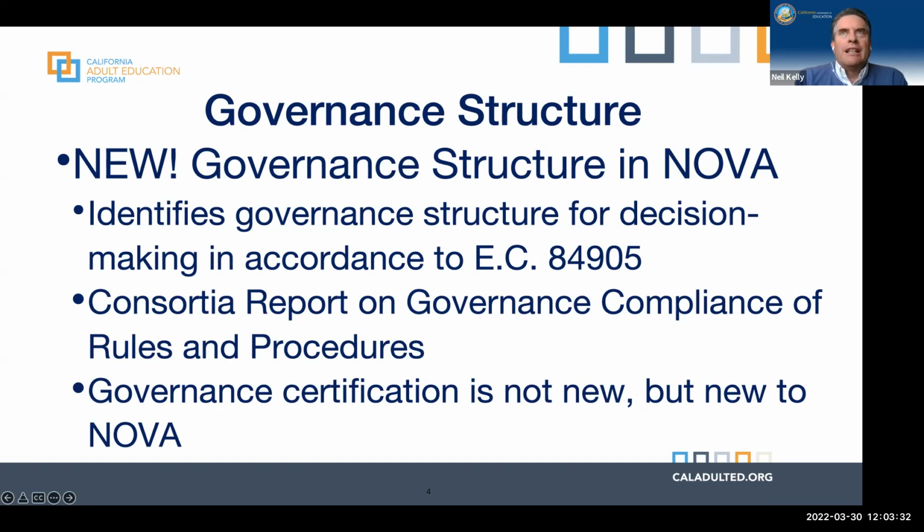It was before we had electronic signature, so you had to upload it to Nova in the document box. A lot of it was based on Ed Code 84905, which covers decision-making, membership, public meetings, public input, those kinds of things.